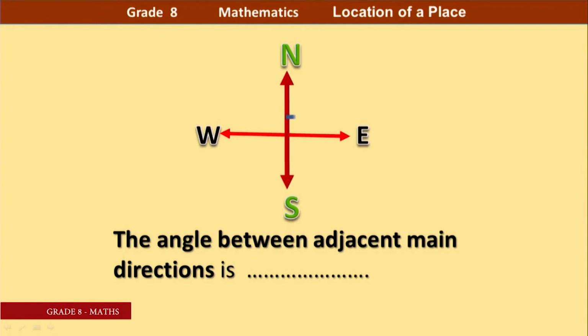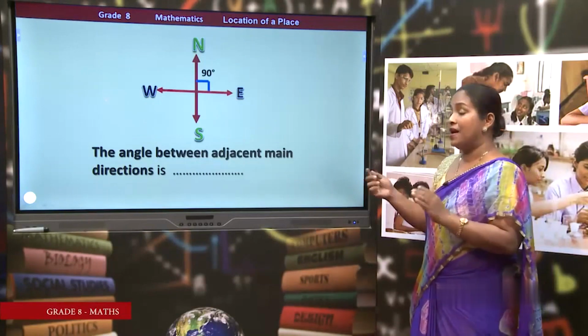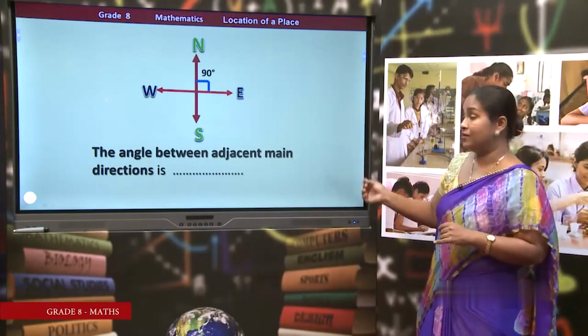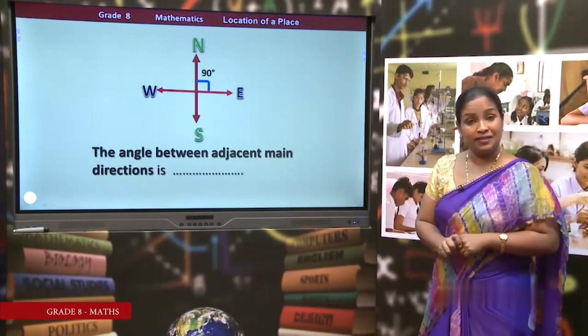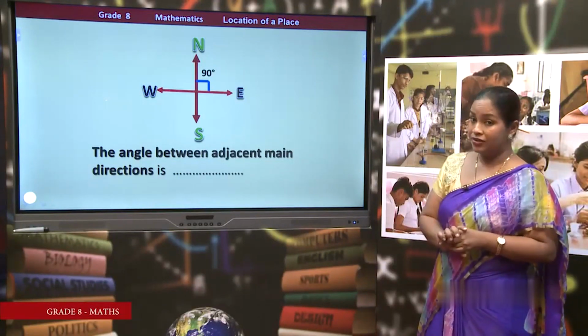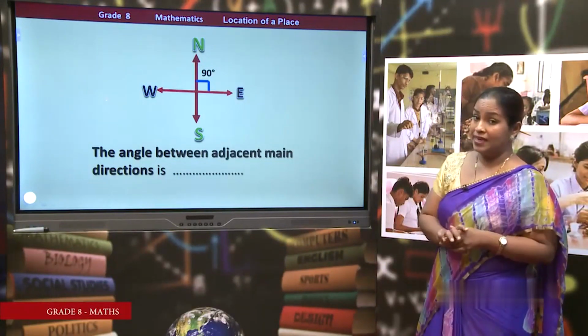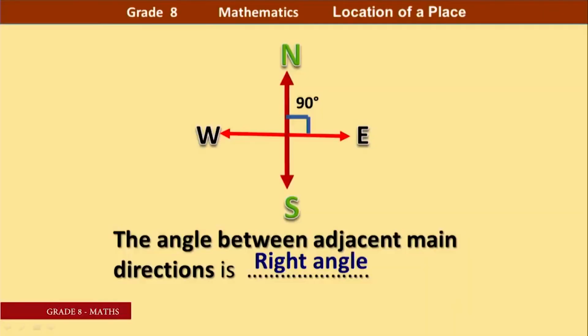So, what is meant by adjacent? Adjacent means close by, next to each other. You know the meaning, right? You learned adjacent angles in the first term in the angle lesson. Good. I hope you could remember that. So, here we are comparing adjacent main directions. So, the angle between adjacent main directions is 90 degrees, or you can call it a right angle.